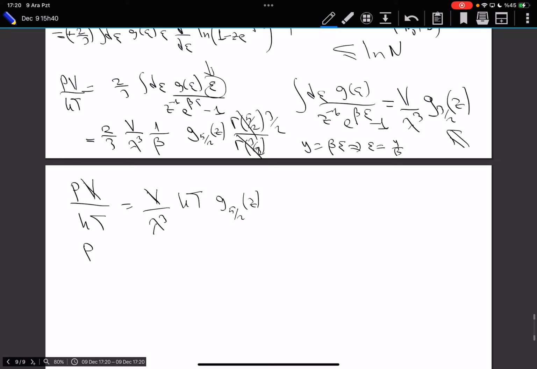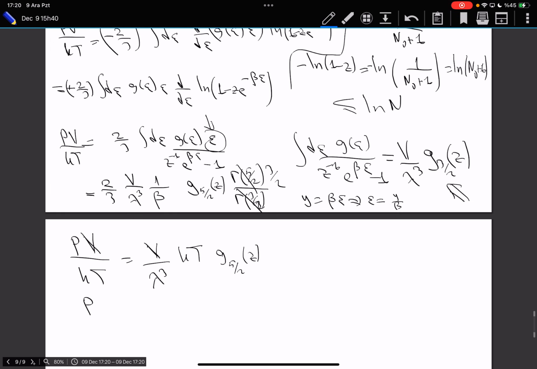Gamma 5 over 2 is 3 over 2 times gamma 3 over 2, so it cancels the gamma 3 over 2 in the denominator. I have 2/3 over here, a 3 over 2 over there, they cancel. P over KT is KT over lambda cubed g 5 over 2 of z.